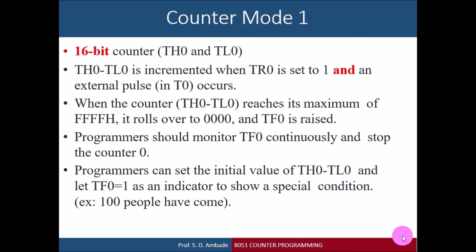For that, we have to set the initial value of TH0 and TL0 so that the counter will roll over to 0000H after it is incremented by 100, and then the TF0 flag will be raised, which will be the indication that 100 people have entered the classroom.